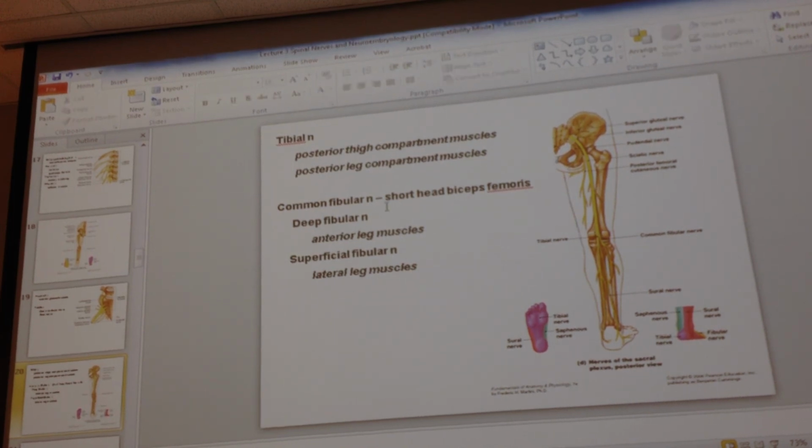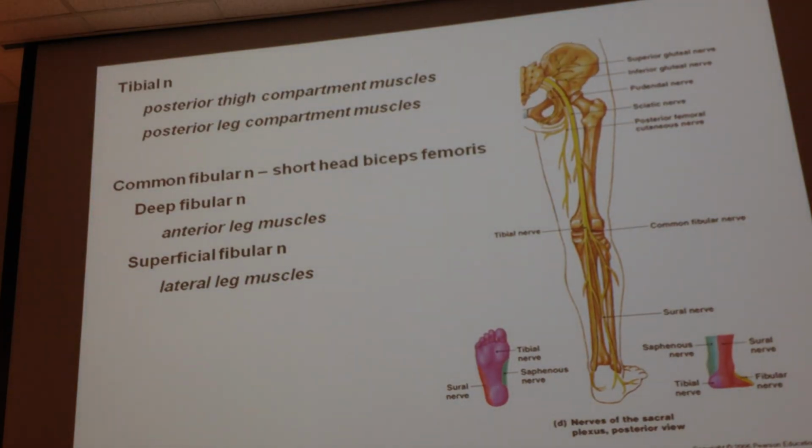Otherwise, everything in posterior thigh is tibial nerve. Tibial nerve then goes on to do posterior leg. So we're talking gastrocnemius and soleus and our flexor hallucis and flexor digitorum and tibialis posterior. All the way down the leg is going to be tibial nerve.